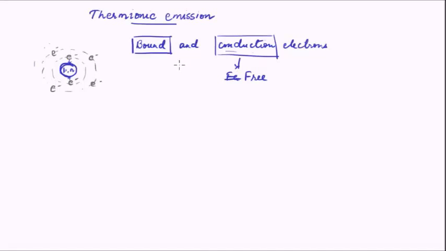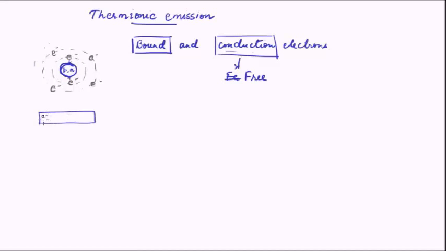Now, as I have said, the conduction electrons or the free electrons are free to move throughout the body. Suppose this is a metallic piece which has many atoms, maybe 10 to 20 atoms, thereby much more electrons than that, and those atoms will provide free electrons which are free to move, right?